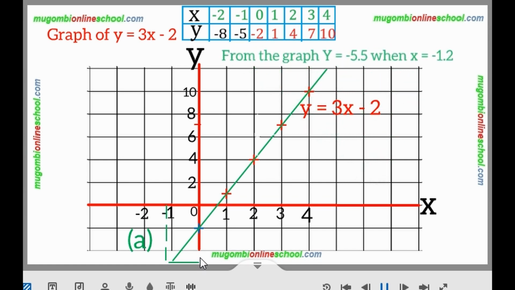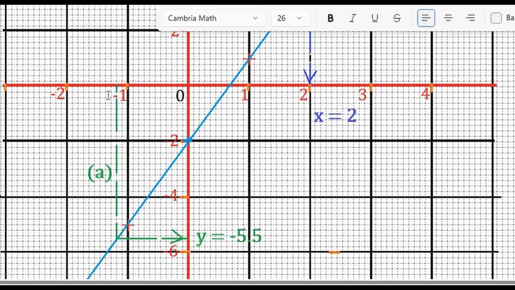Let us see on the graph. All right, on this graph, part A, this is minus 1.2, and we've drawn the line until we reach the point on the graph y is equal to 3x minus 2. After reaching the graph, we look at the value on the y-axis.